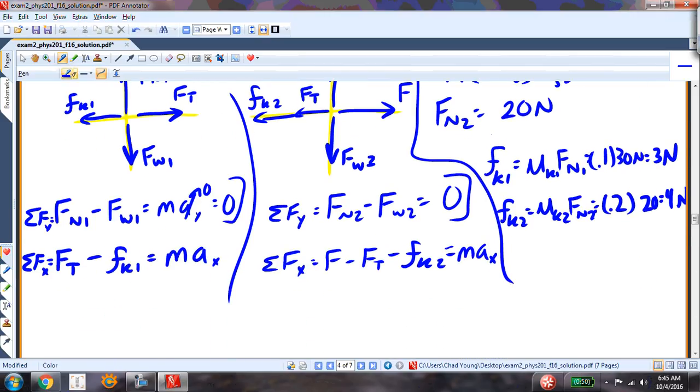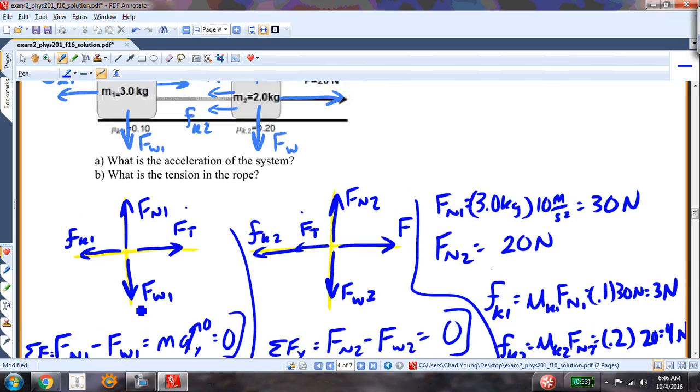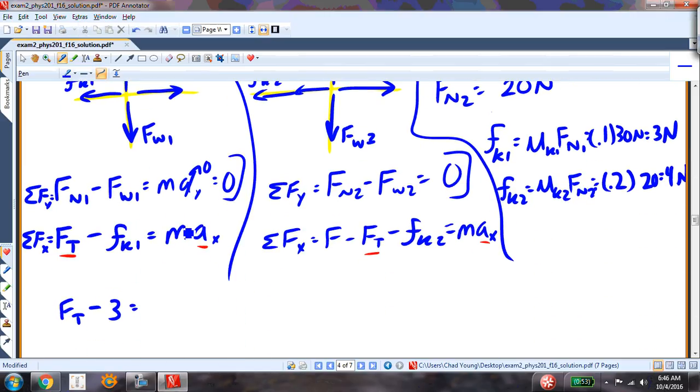So now if I look at my unknowns, what do I know, or rather what do I not know? I don't know my tension, I don't know my acceleration. Everything else I know. Let's go ahead and put in some values here, and then we can solve this. I have Ft minus Fk1, which is 3, equals the mass m1, being careful that I get m1 and m2 right here.